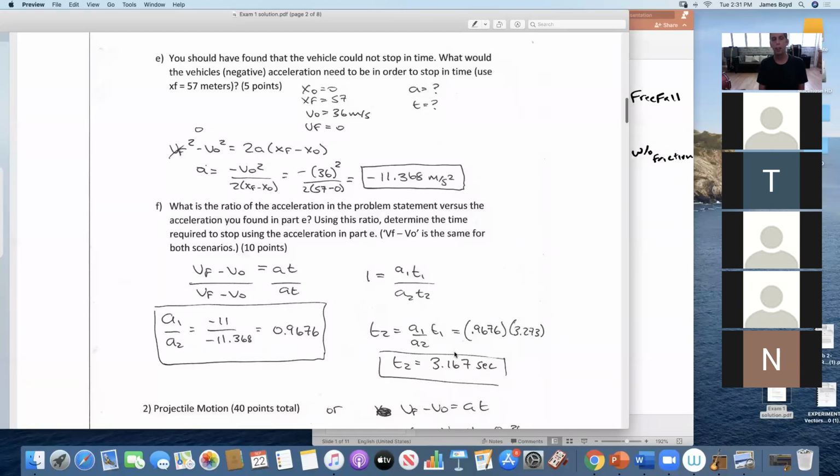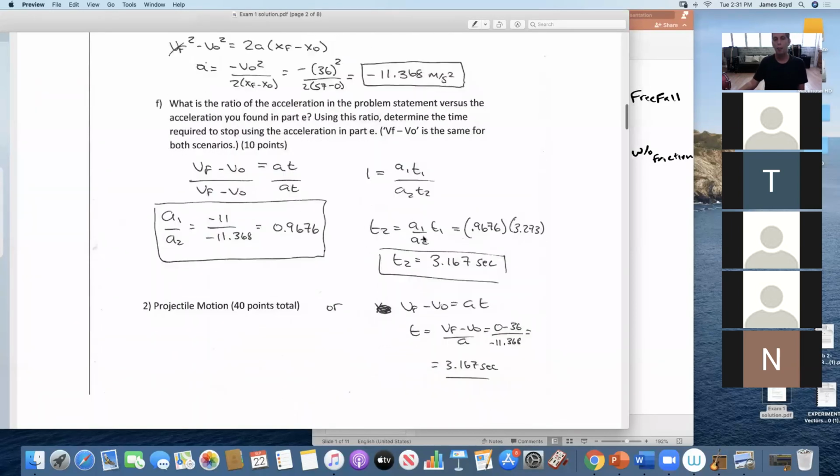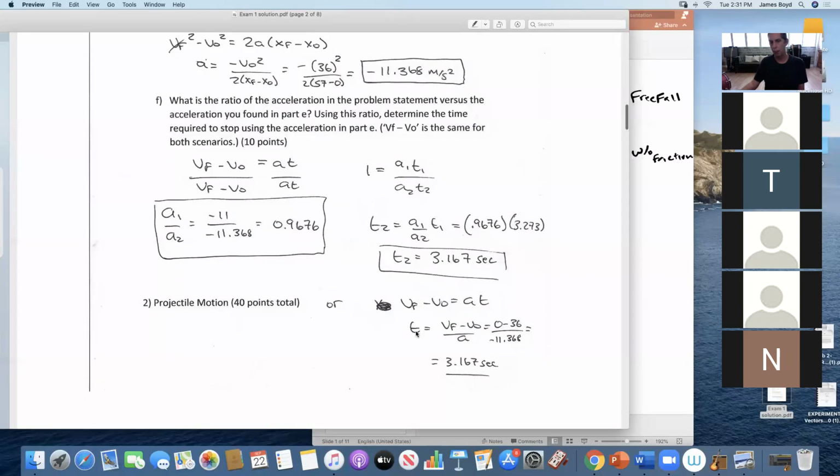as a ratio. Now, what if you didn't understand how to do that at all, and you just solved for T2 using this A and V initial and V final? I would be okay with that. In fact, that's what I did here, which is fine. It says or.